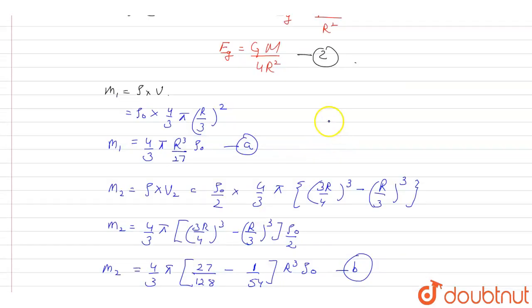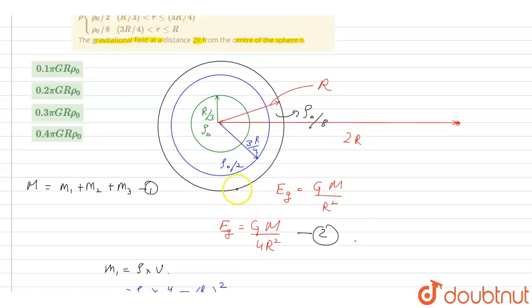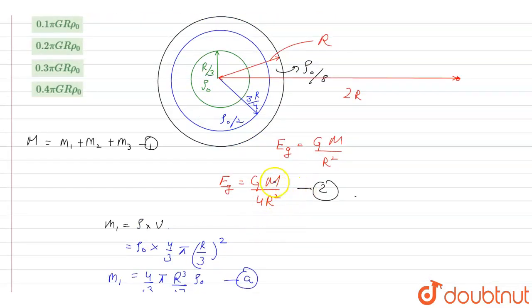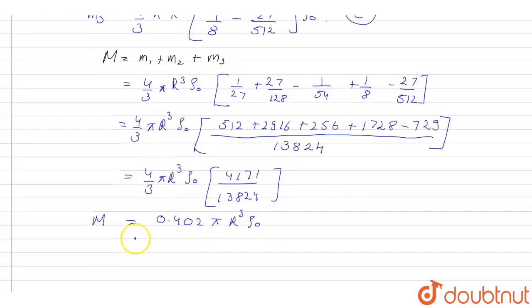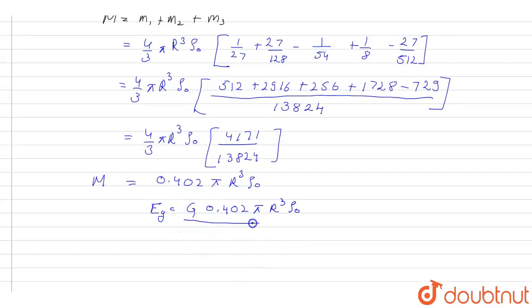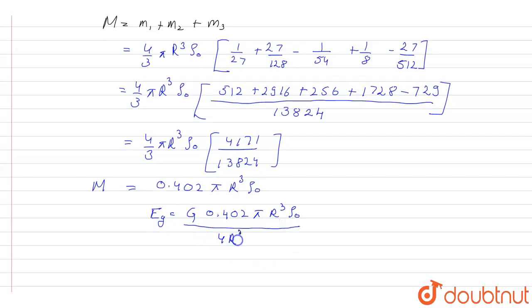Now from equation number 2, right, we have the gravitational field, that is GM upon 4r². So we can substitute the value of m which we just calculated in this equation and get the result. Eg will be equal to G times 0.402 πr³ρ₀ divided by 4r².